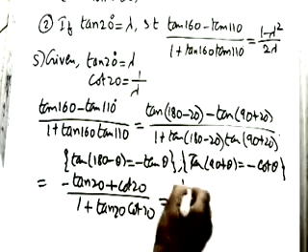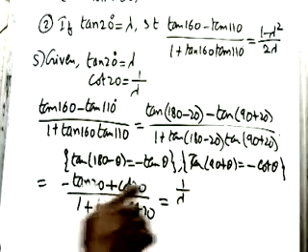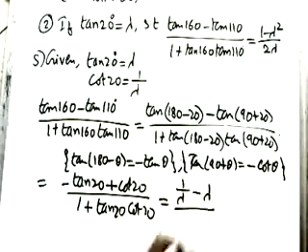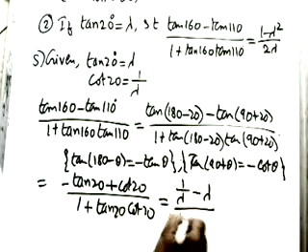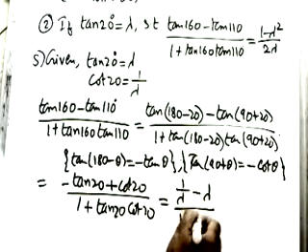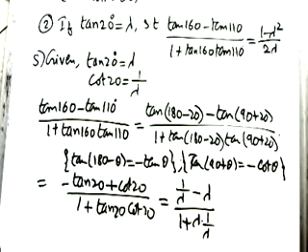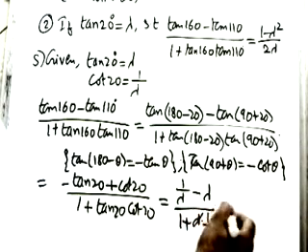Now let me substitute this value. Cot 20 is 1 by lambda. Since it is positive, I am writing this first: minus tan 20 is lambda, divided by 1 plus tan 20, which is lambda, into cot 20, which is 1 by lambda.